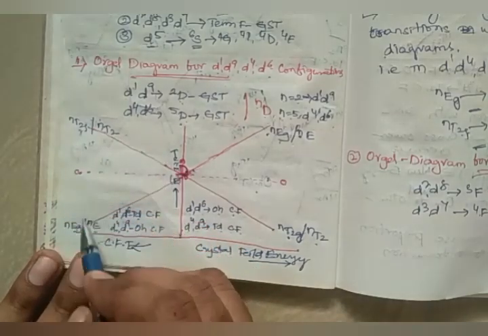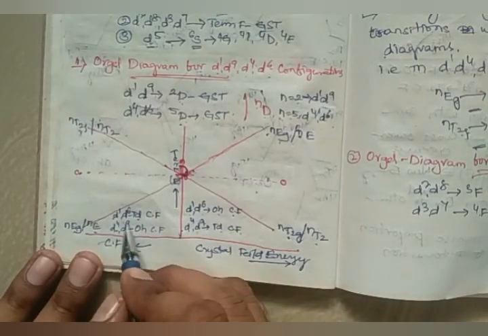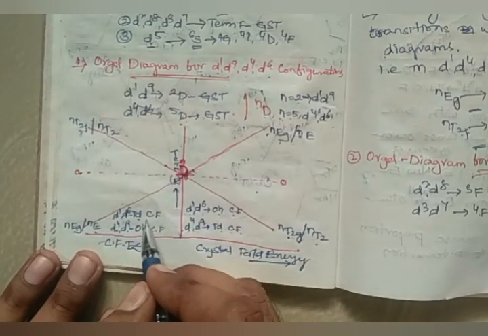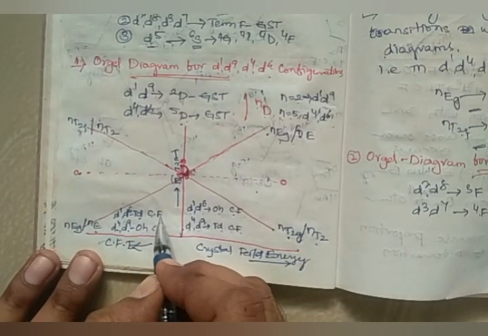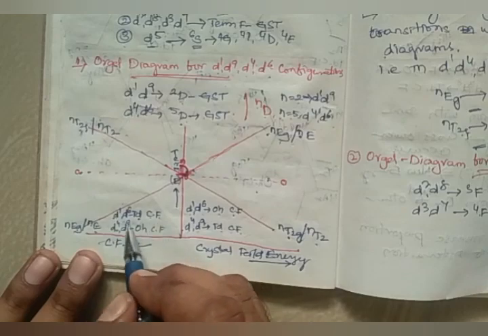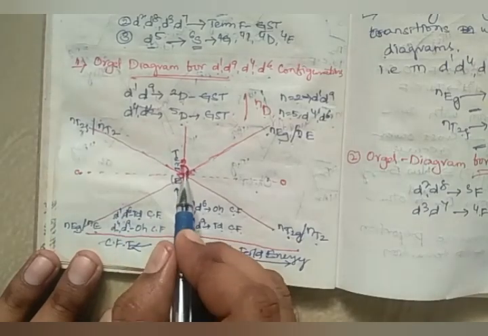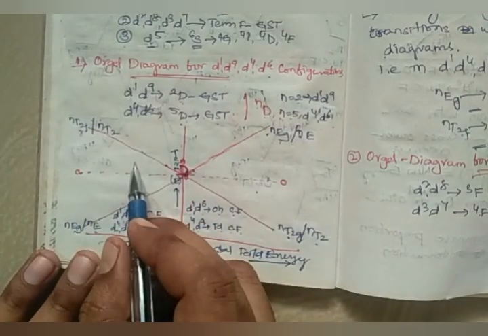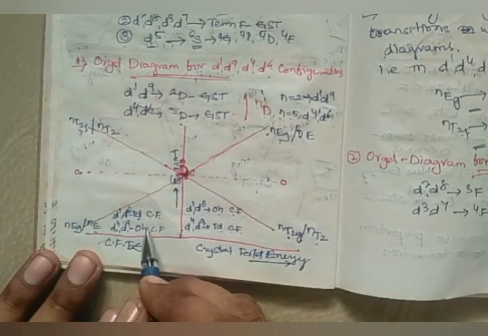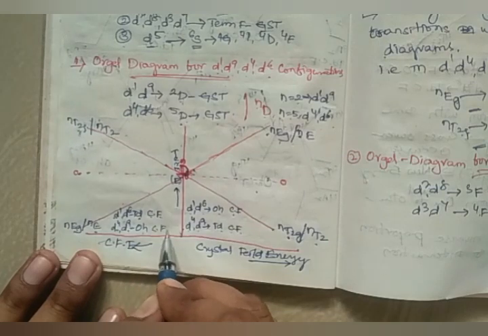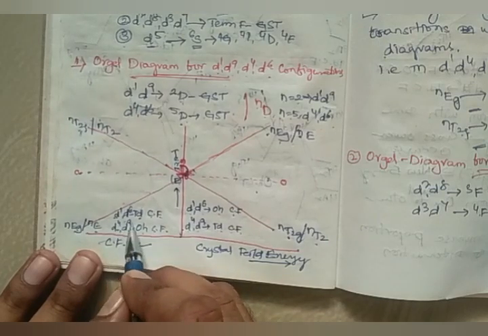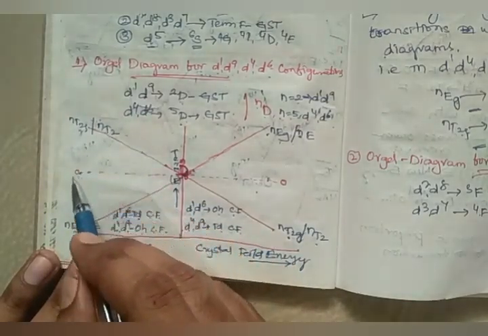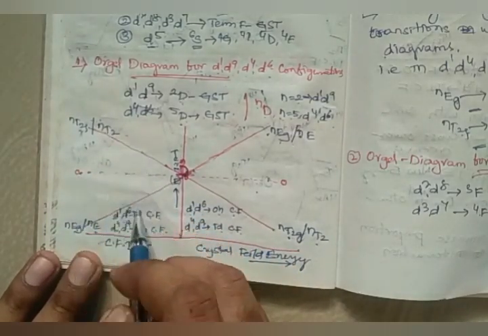And coming to the left side diagram, it explains the d1, d6 configured D terms affected by the tetrahedral crystal field. It also explains the octahedral crystal field effect on d4, d9 configured D term, right?